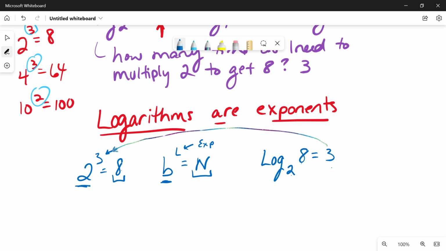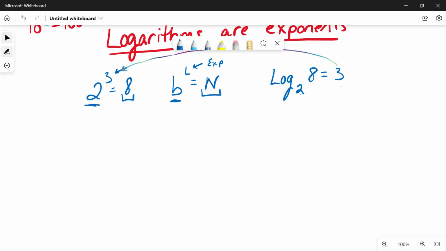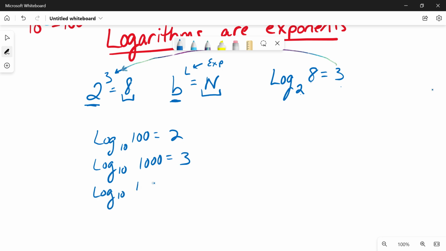I can say that log base 10 of 100 equals 2. Log base 10 of 1,000 equals 3. Log base 5 of 125 equals 3. 5 cubed is 125.